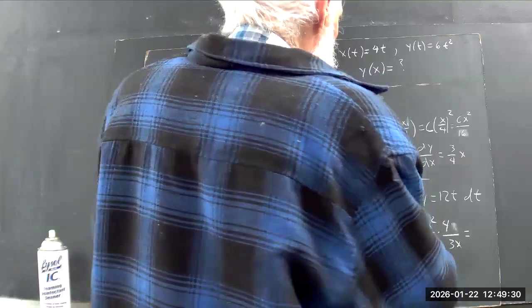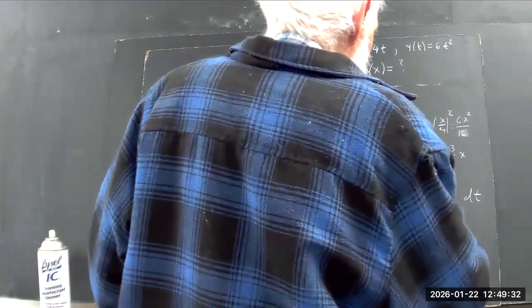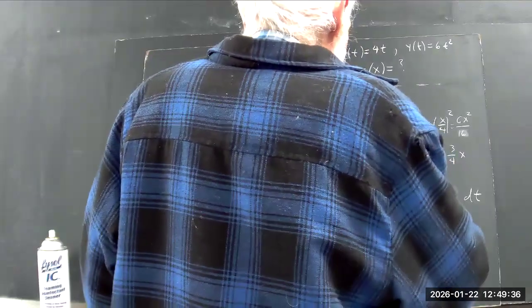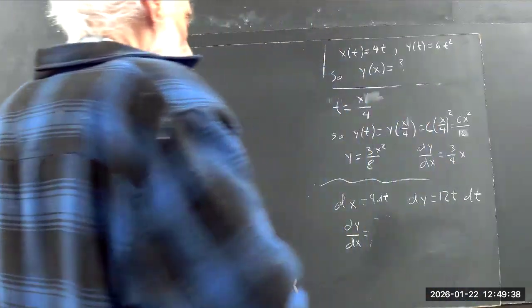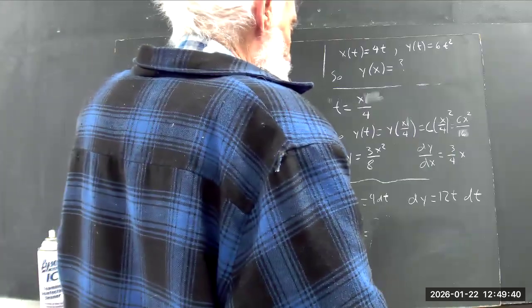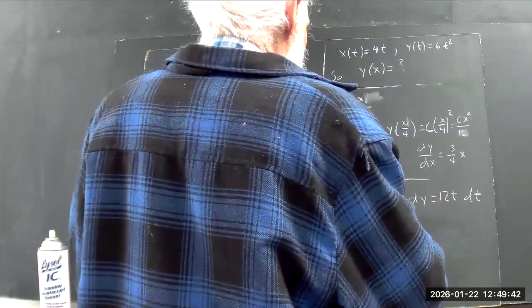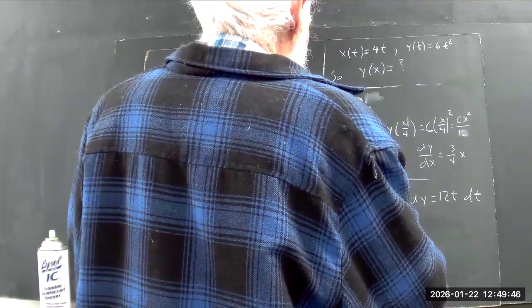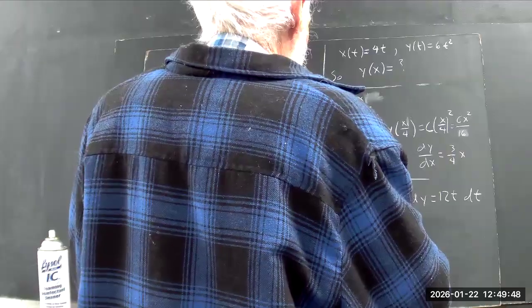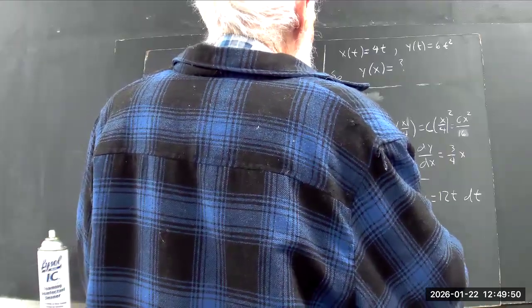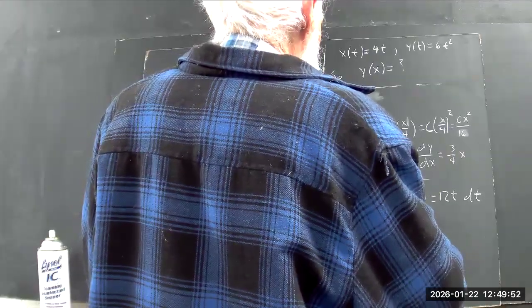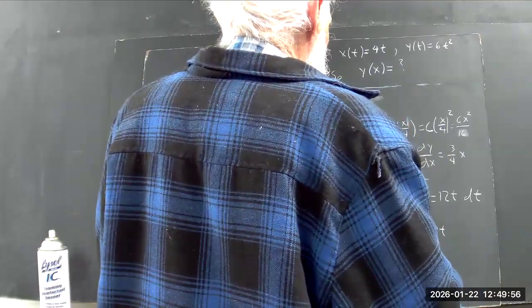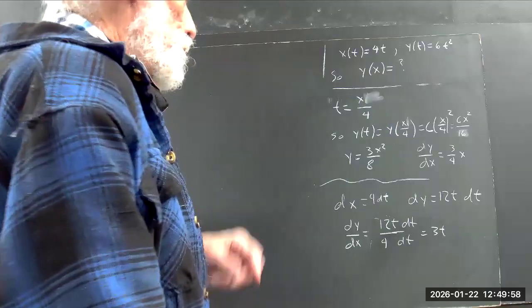Okay, I went back to here. Now I'm substituting the wrong stuff in the wrong place. dy is 12t dt, and dx is 4 dt. And now it's 3t.